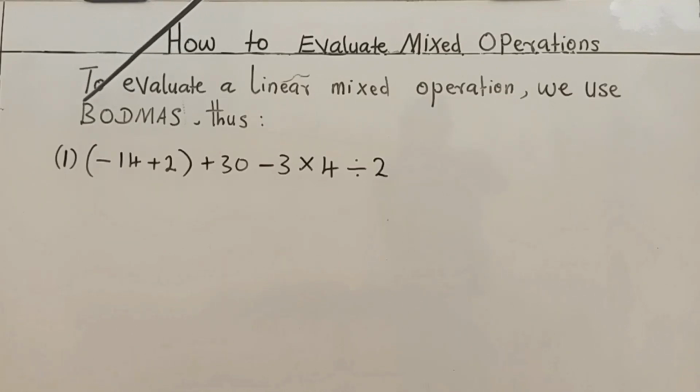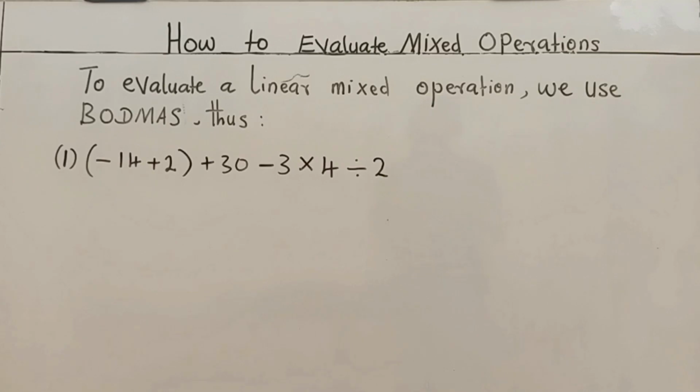If there is no bracket, disregard it and go to O. O refers to off, and off when interpreted, still refers to multiplication. Then D refers to division, M refers to multiplication, A refers to addition, S refers to subtraction.